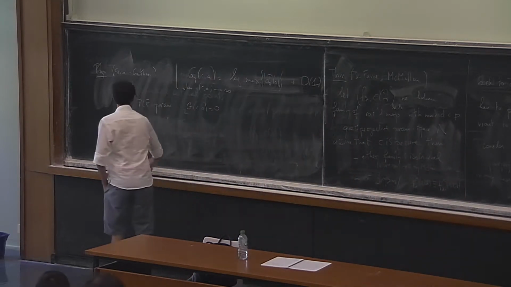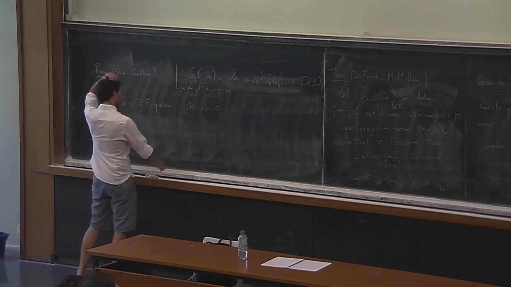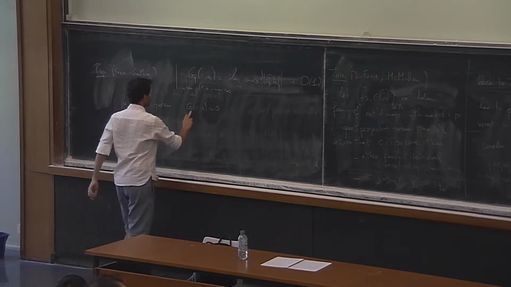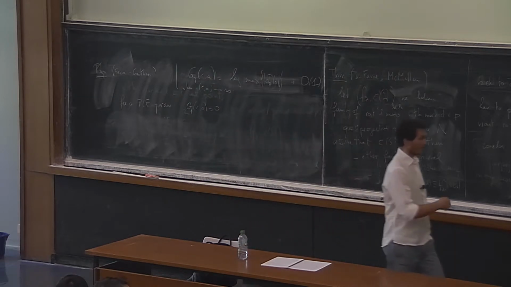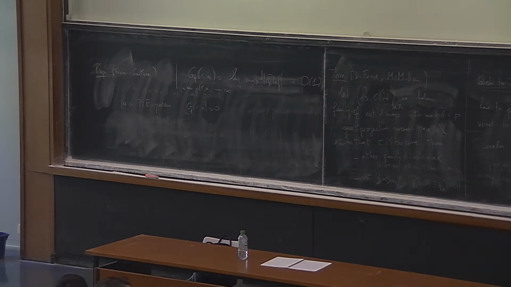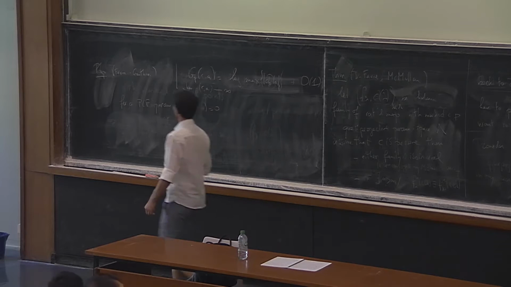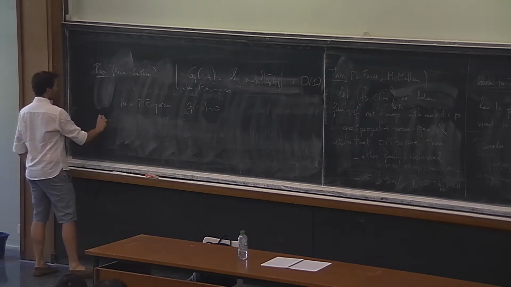And okay, this is true too for a post-critically finite parameter: the p-adic green function is equal to 0. And then as in the quadratic case, you can write down the canonical height.